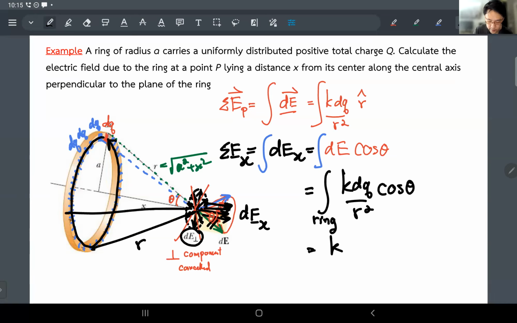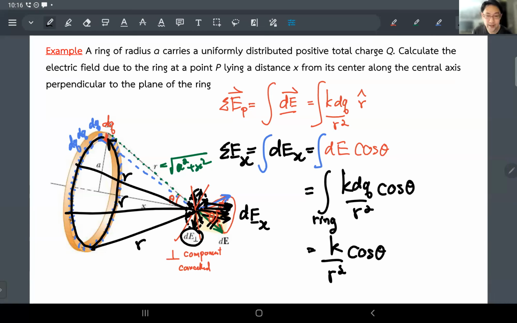Wherever you are, they are all r. So r can also be pulled out from the integral. What else? Yeah, the theta. Very good. The theta itself is also constant, because no matter where you are on the ring, the angle that you make with the x-axis is also theta. So I can pull cosine theta out as well.